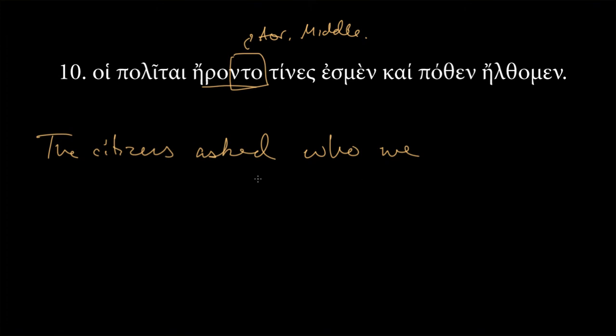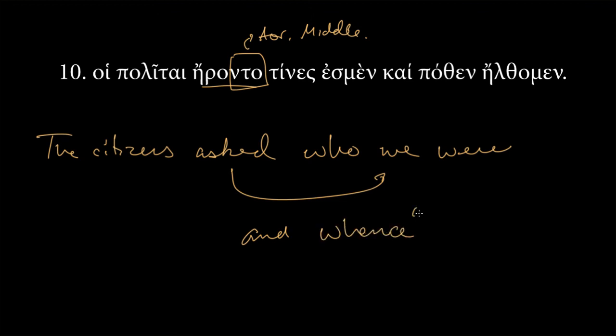But because they asked in the past, again, this is going to be relative time. So they asked at that time who we were, and pothen, what did that word mean? That meant whence in our kind of Victorian English translation, but that simply means from where. And from where we came. Good questions. So the citizens asked who we were and from where we came.